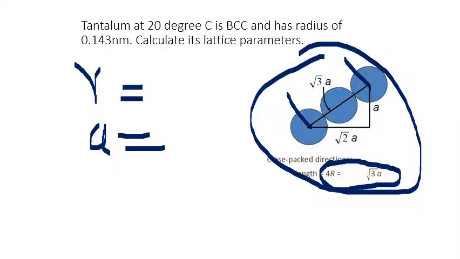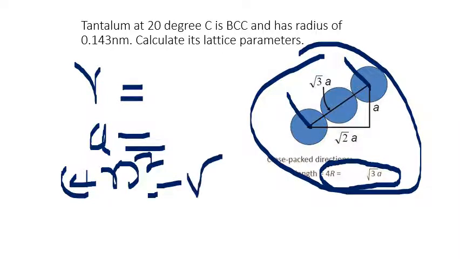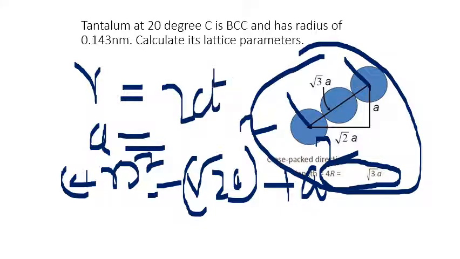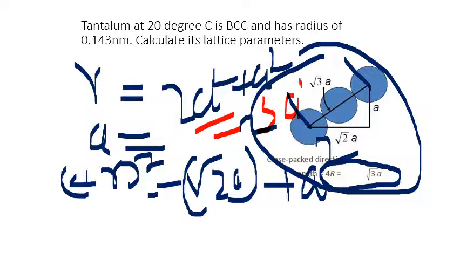Or else what you can write is 4R whole square will be equal to root 2A whole square plus A square. So this will be equal to 2A square plus A square, or else this can be written as 3A square.